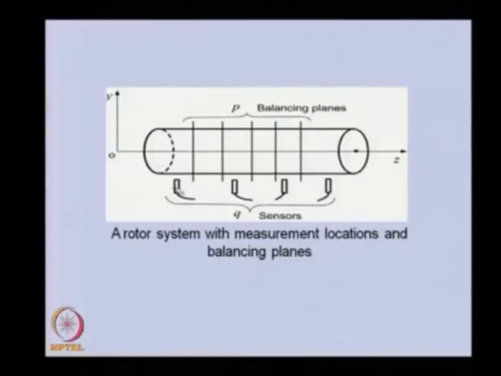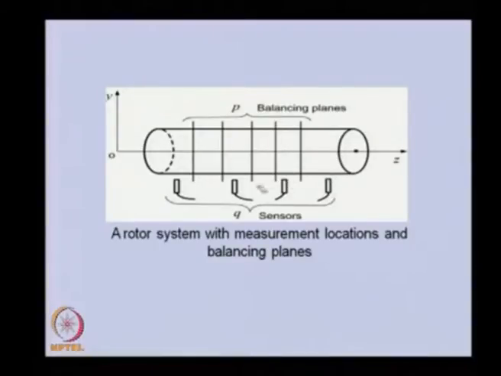We can conveniently choose the measurement locations also, and we will see that generally in actual rotors the measurement will be available at the end of the shafts where the bearings are. Wherever bearings are there we will have access to the rotor, and there we can measure the response.